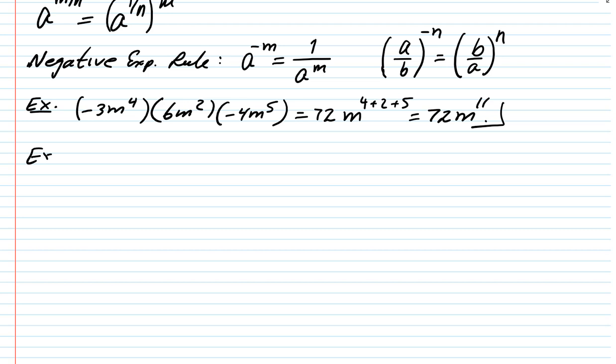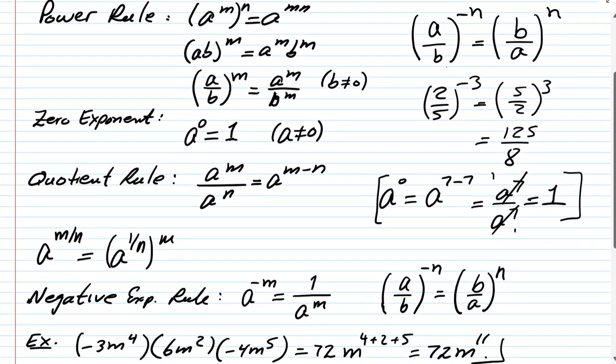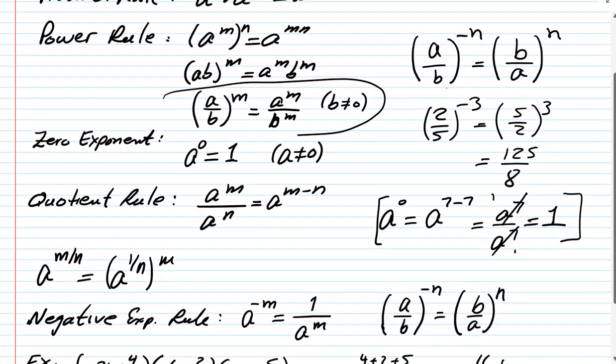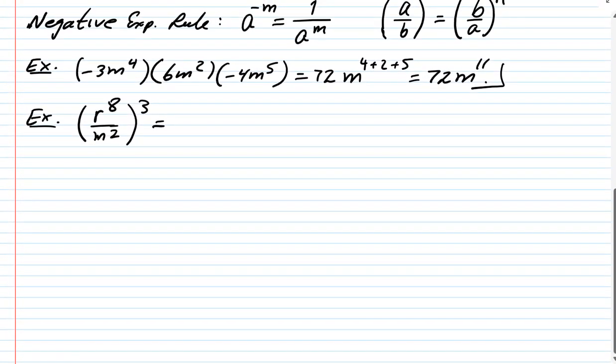Let's do another example. I'm trying to create ones where I have to use each of those properties. Let's say for this one, I have r to the 8 divided by m squared, all to the third power. So for this one, what are we going to do? We're going to use the power rule, right? This one, which allows me to raise the numerator to the power and the denominator to the power.